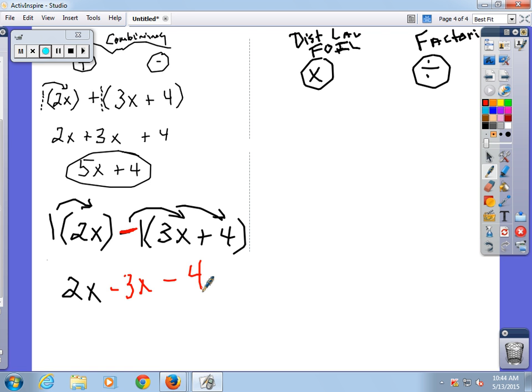And I leave it in red because it changes everything. And now when you combine those two, what are you going to get? Negative 1x minus 4. So I combined and I didn't use any different rules.